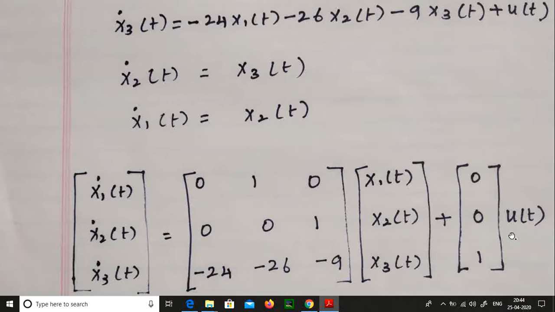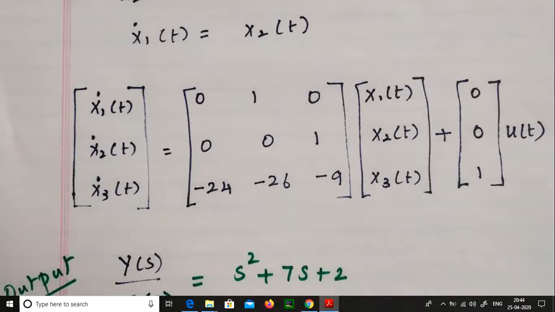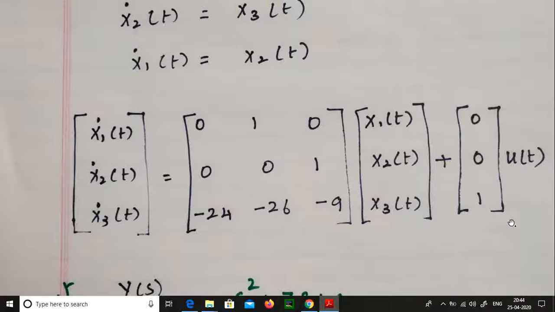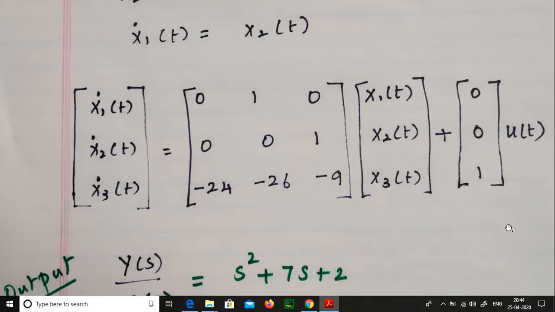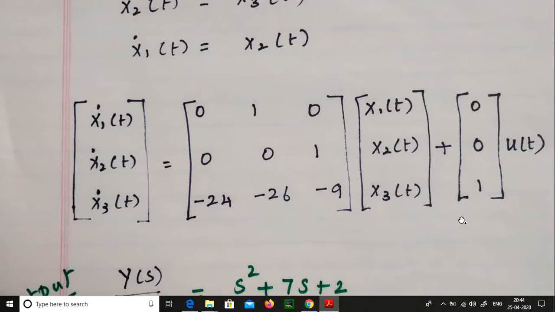Now we have to write the output equation. The state equation we obtained from the first block.